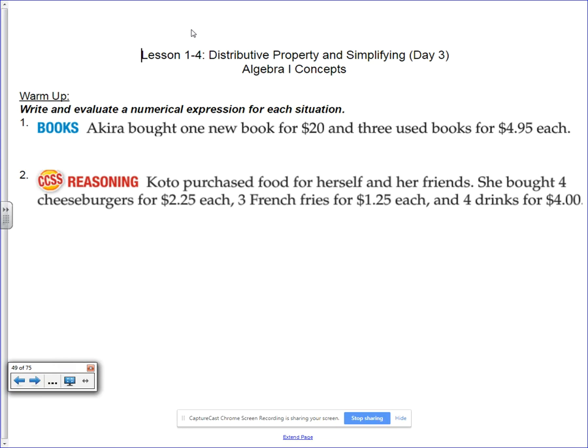So go ahead and read the first one to yourself and try and write an expression that would show you how much she spent on books. What do you think? What would you do to find her total cost for the books that she bought?